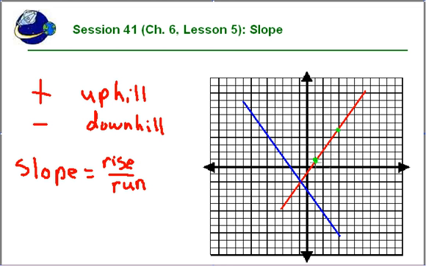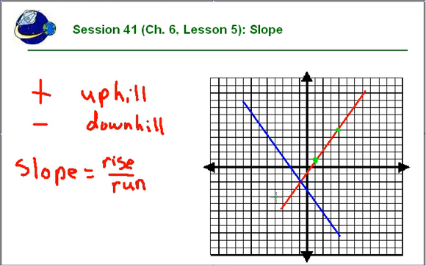So whether we chose these 2 points here and found the rise over the run of these 2 points, or whether we chose 2 points down here in the third quadrant, it doesn't really matter, because every point that's on this line, when you choose them as a pair of points, will have the same slope regardless of which points you chose.